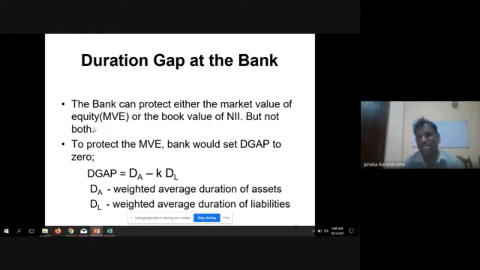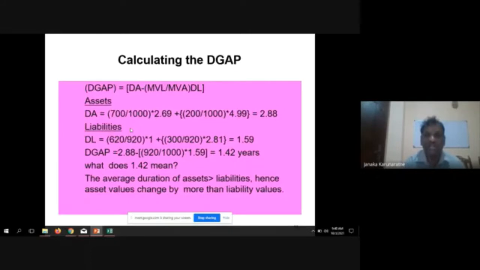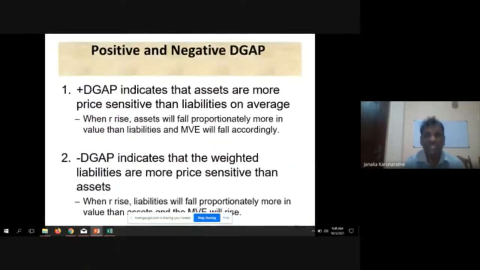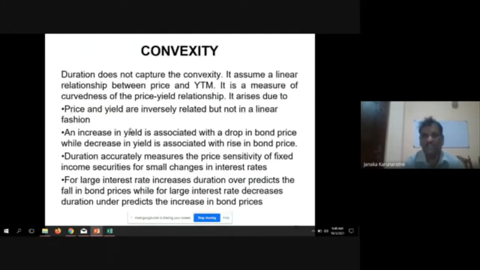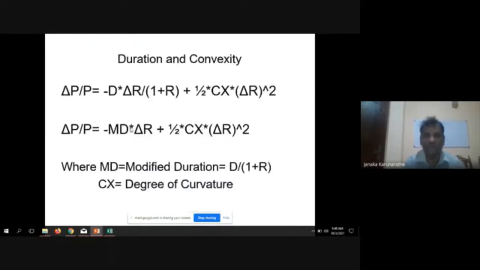This is a critical statement. You can't have your cake and eat it. So when you adjust the duration, of course, it has an impact on your net interest income. But the idea is you must find the way which minimizes both aspects. But you can't protect both.